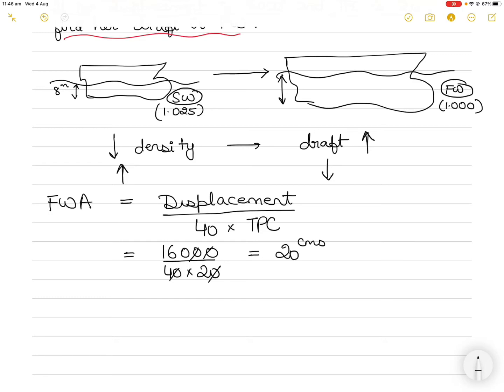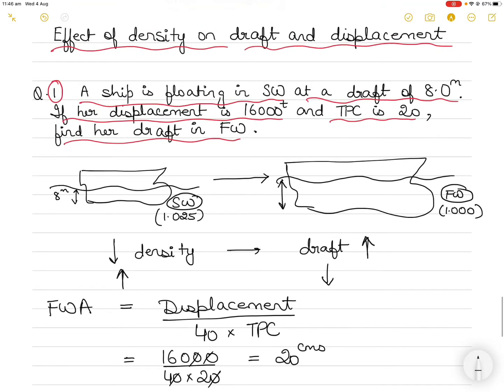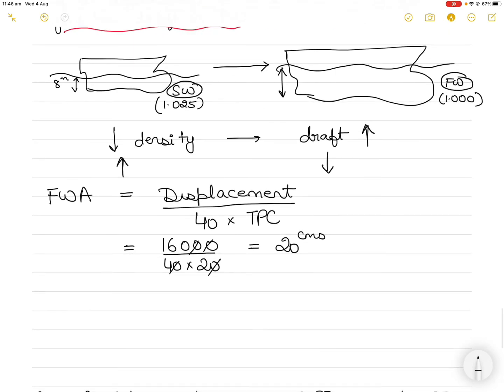So 20 centimeters. Now because the draft here is in meters, we want the rise or sinkage also in meters. So how do I convert centimeters into meters? 20 centimeters is equal to 20 divided by 100, which is equal to 0.2 of a meter. Now we have already determined that if the density is decreasing, draft will be increasing, correct?